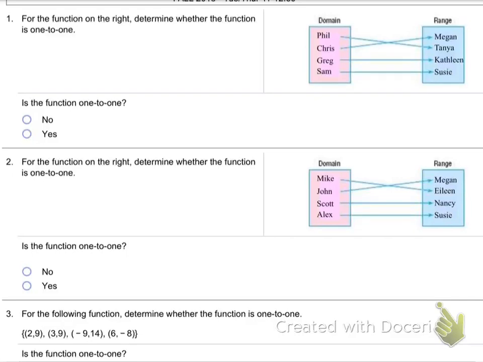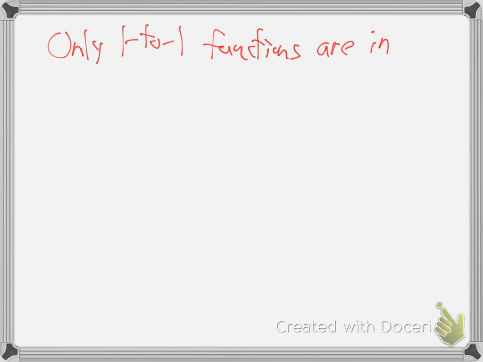To begin talking about inverse functions, they're going to start talking about whether a function is one-to-one or not. Rather than all the details, let me just give you the idea. Only one-to-one functions are invertible.